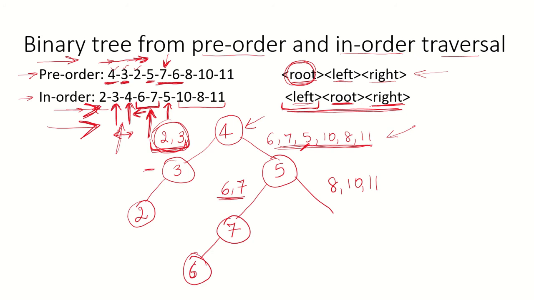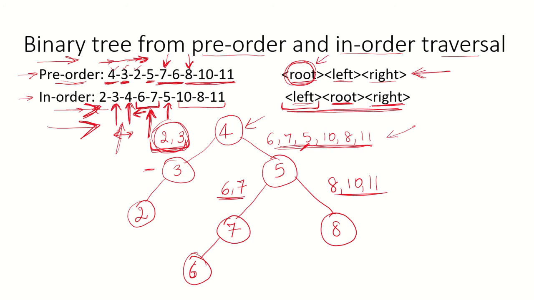We are done with this, and on this side, to check the node, again we go and check the pre-order traversal. We see that 8 comes before 10 and 11. That means 8 is the root node, because pre-order traversal always gives the root node first.